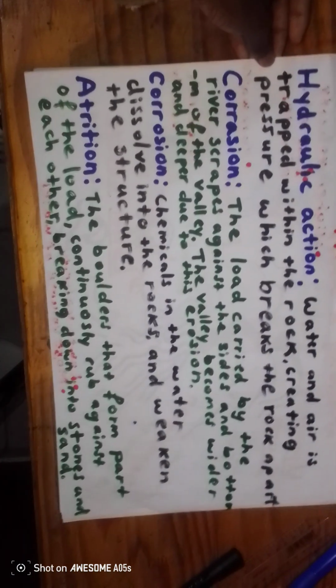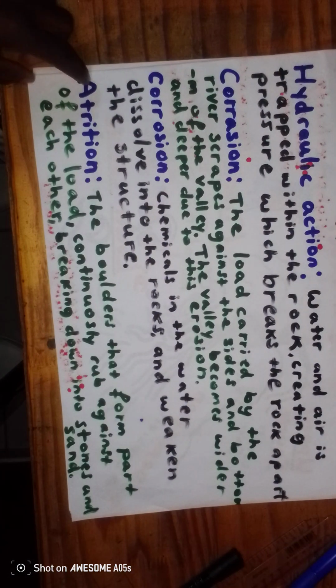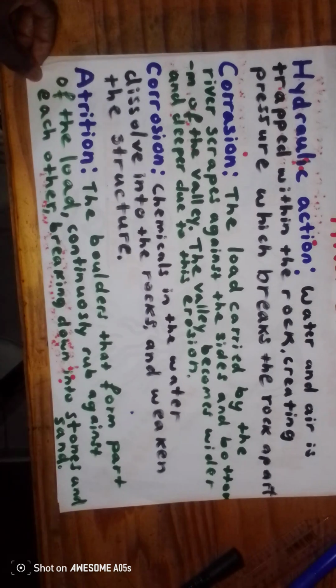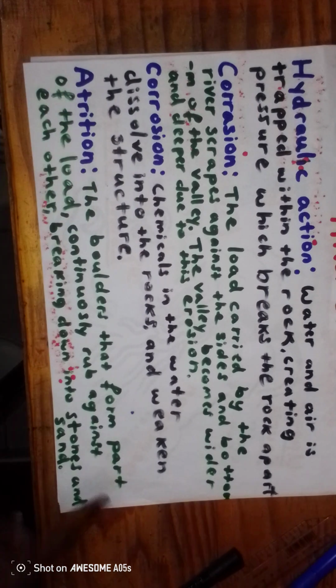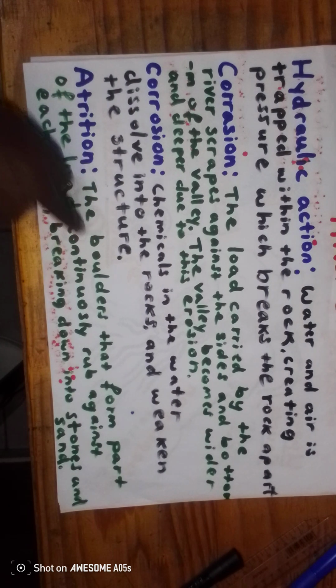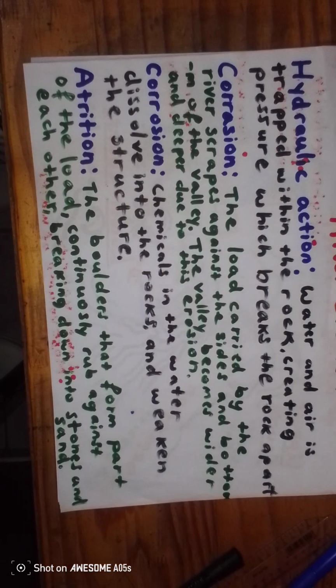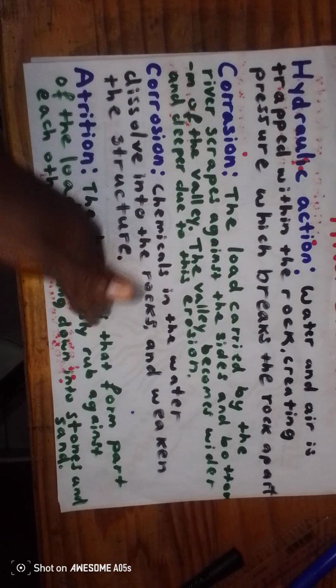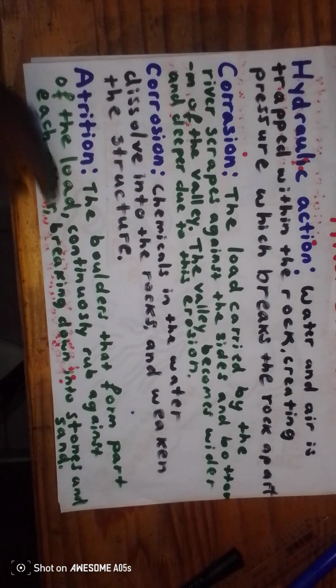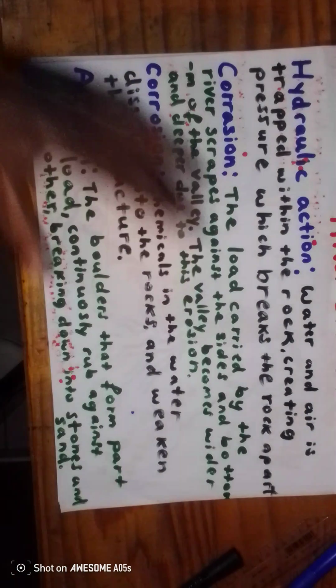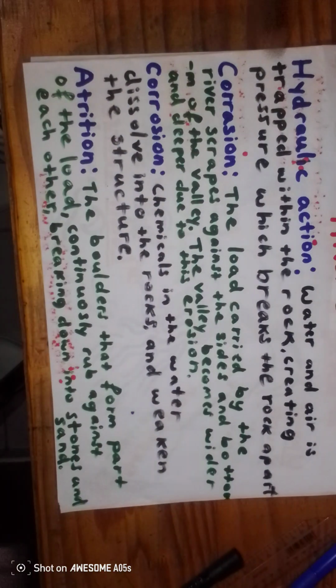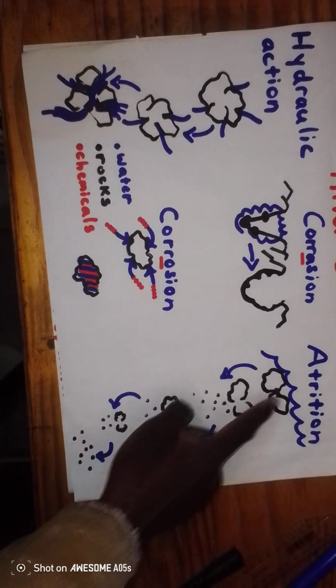Now we can move on to attrition. Now, attrition, that's the last process. Here, the boulders that form part of the load, boulders are very big stones, very huge stones, okay? These continuously rub against each other, breaking down into stones and sand. That is attrition. So with attrition, what happens is this. So you have your big boulders over there.